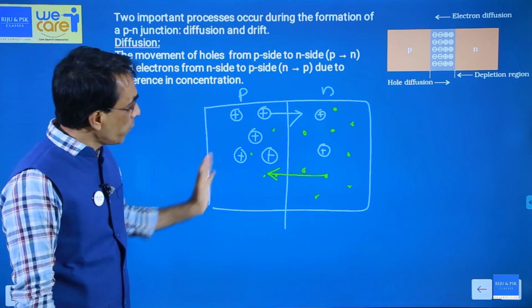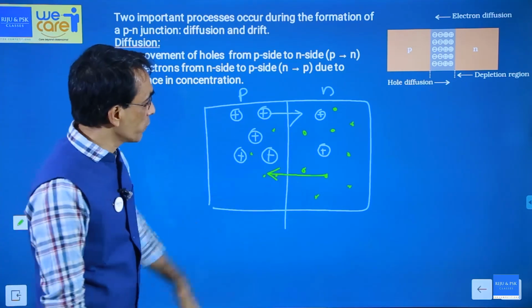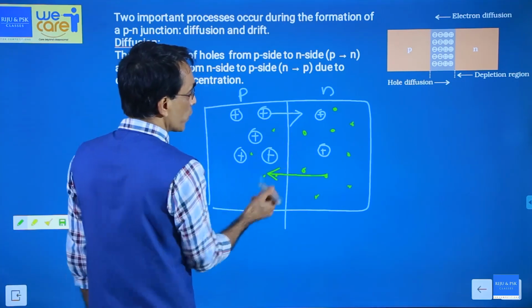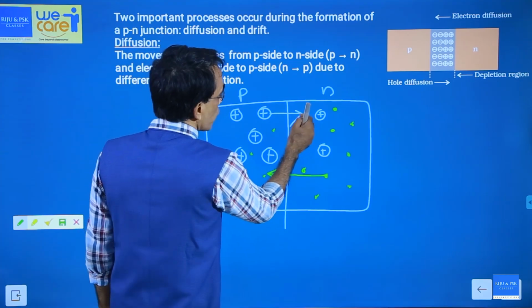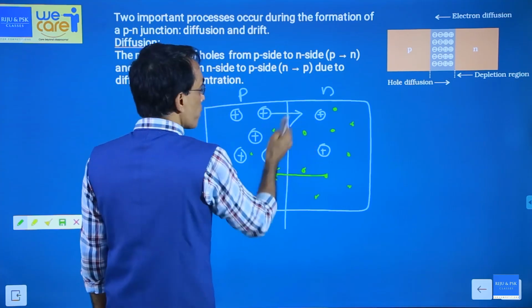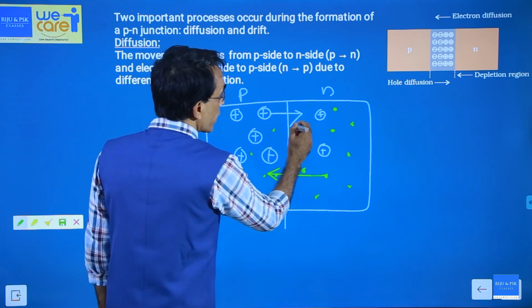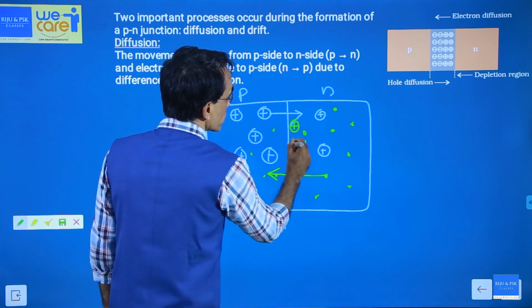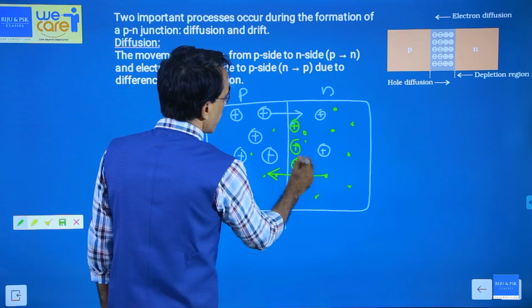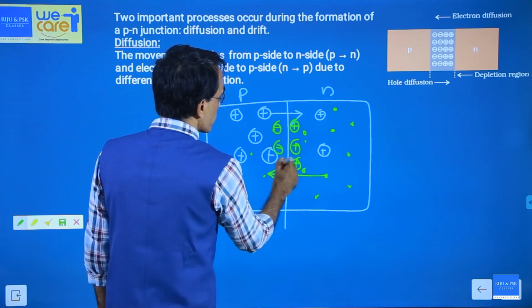When they diffuse, electrons from the n side will go to the p side. So here you will get positive ions, and here you get negative ions.